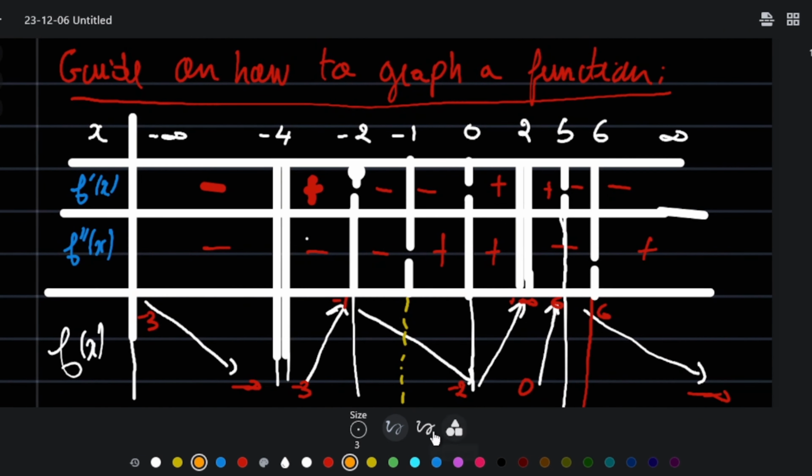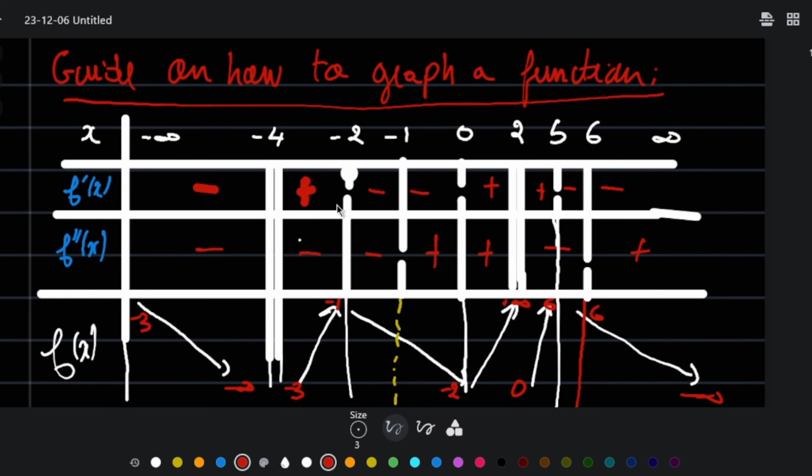Those are the important points. The second important points are the critical points. So I didn't complete this table, so we have here a 0. This should be a 0 here, and here is a 0, this is a 0, and this is not a 0, and this is a 0 here, and this is a 0. So f prime of -2 is equal to 0, f prime of 0 is equal to 0, f prime of 5 is equal to 0.